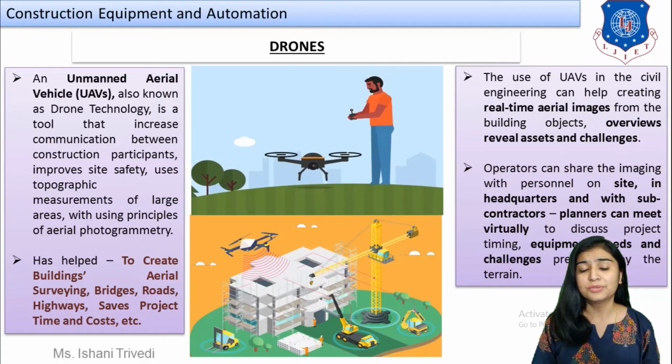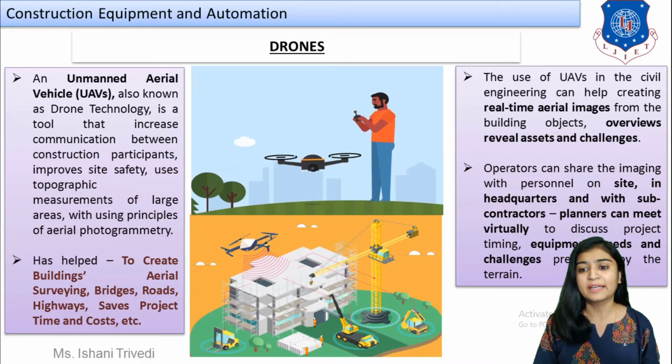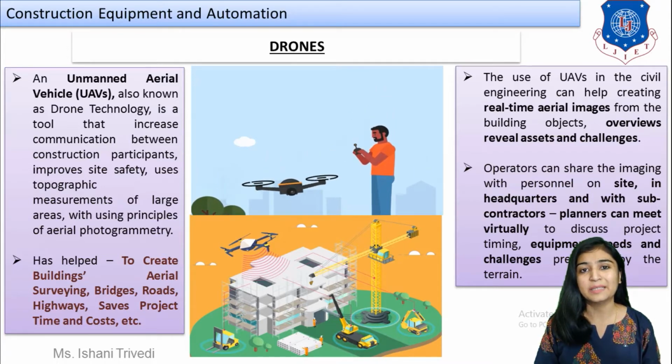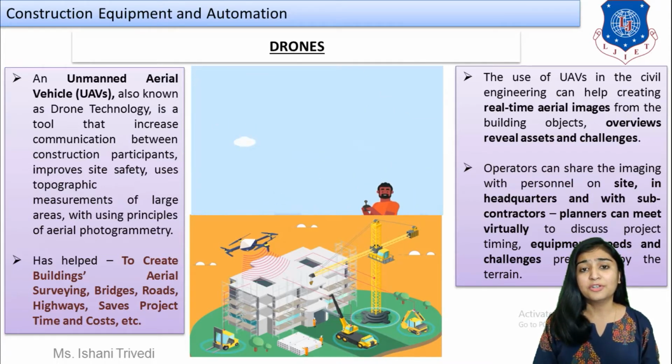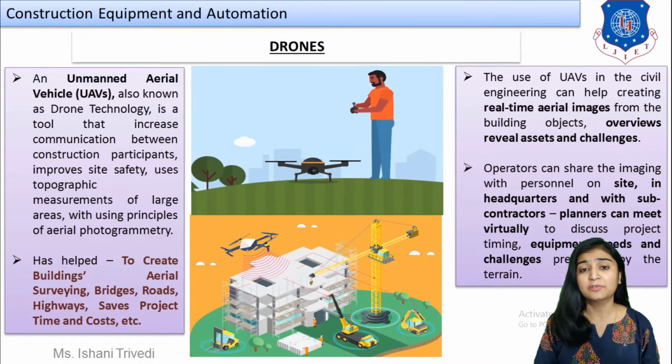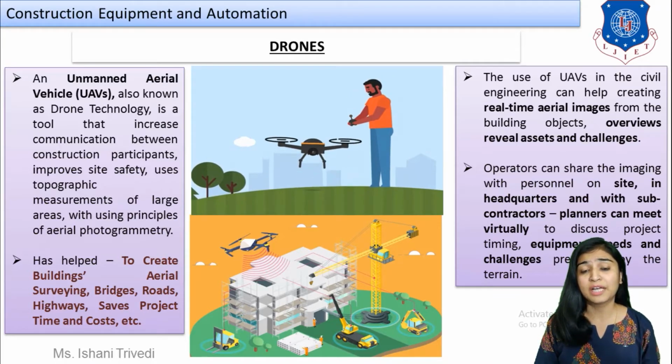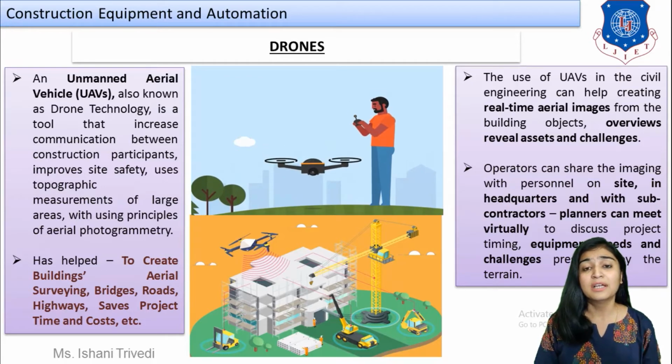Next, it says the use of UAV in civil engineering can help in creating real-time aerial images. Meaning, if you carry out aerial photogrammetry with aircraft, then the images will have to be reduced, you will have to process them, and then you will have to create a map.